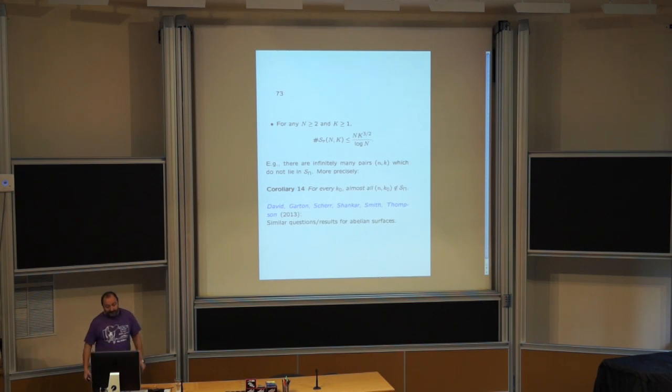On the other hand, we can also have an upper bound on this set. And you see that if you take n and k of about the same order of magnitude, this bound is trivial. Because obviously this cardinality doesn't exceed n times k. But here, instead of k, I have k to the 3/2.